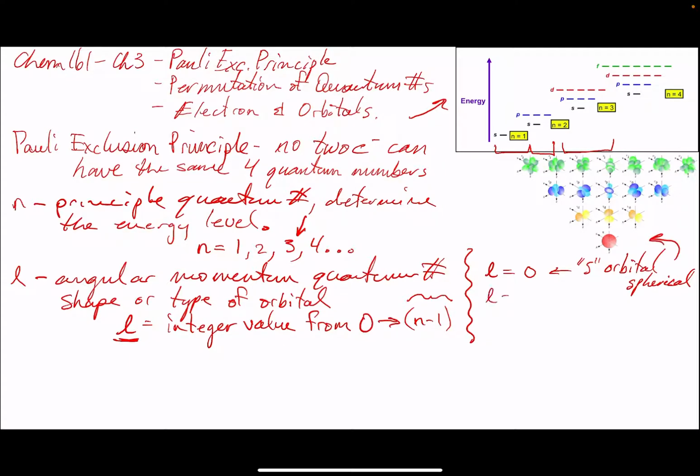When l is equal to 1, we will label this a p orbital. And these look like figure 8s, or sometimes I call them dumbbells. So that was for l equals 1. And when l equals 2, we will call those d orbitals.